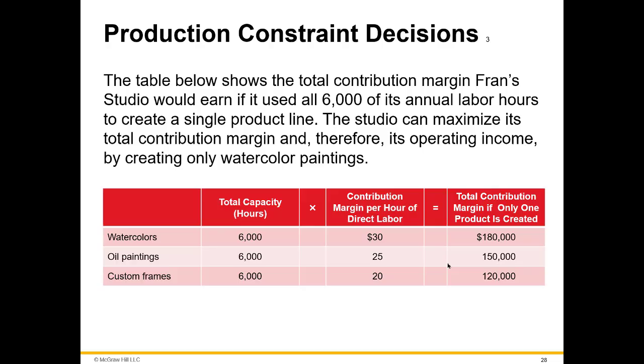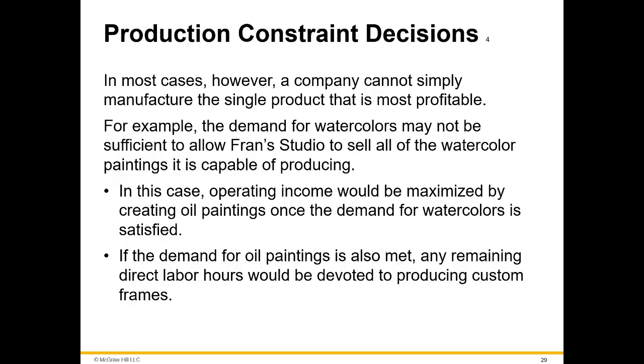All right. So all other things equal, if we could sell enough of them, and if it were stable, we'd go with watercolors. In most cases, however, a company cannot simply manufacture the single product that is most profitable. For example, the demand for watercolors may not be sufficient to allow them to only sell watercolors.